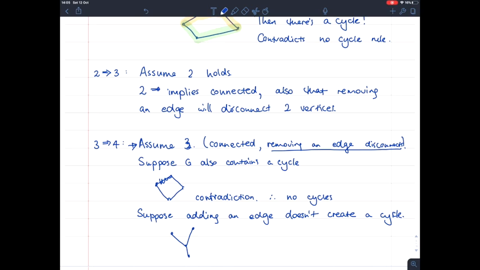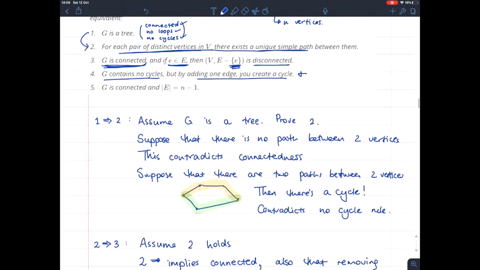If we think about all the ways in which we can add an edge, any of them is going to result in a cycle. There's no way that we can actually do this if assumption 3 holds. So that's not possible. So we've shown that assumption 3 actually implies that our graph contains no cycles, and by adding one edge we will have to create a cycle.